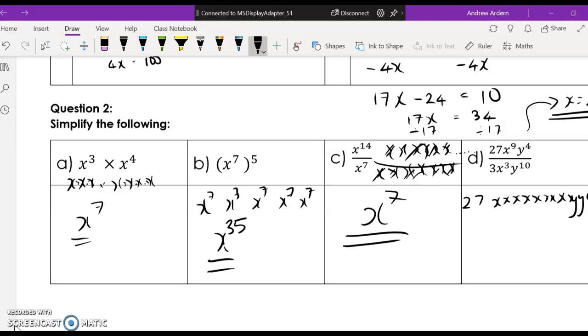And don't forget the 27. 3 x's, 10 y's. Okay, I can't fit all the y's in, but I can see that 1 can cancel with 1, 1 can cancel with 1, 1 can cancel with 1.